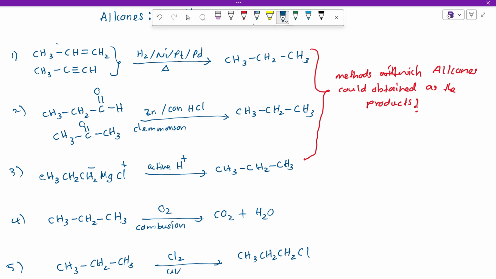The specific reaction name we call this is the Clemmensen reduction. And this particular scenario is called hydrogenation. It's better to know the relevant reaction process which we can easily identify without just naming by chemical symbols.